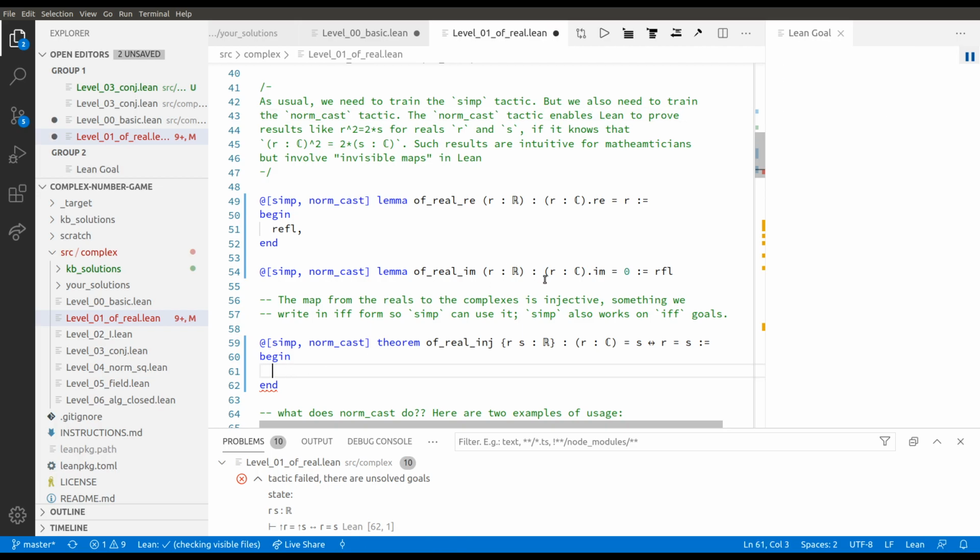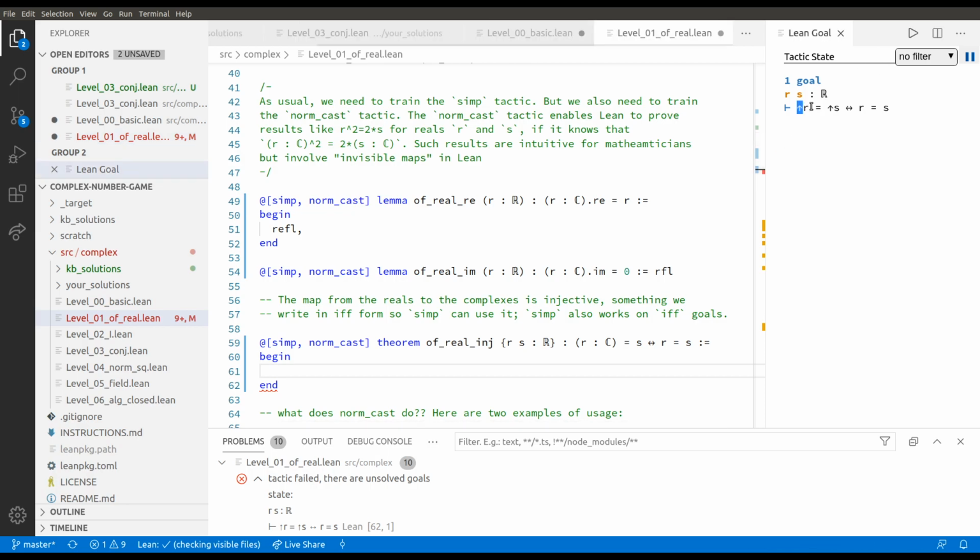So how are we going to prove this? This says we've got two real numbers r and s, and the claim is that the corresponding complex numbers are equal if and only if the real numbers are equal. This up arrow r equals up arrow s is a statement about equality of two complex numbers.